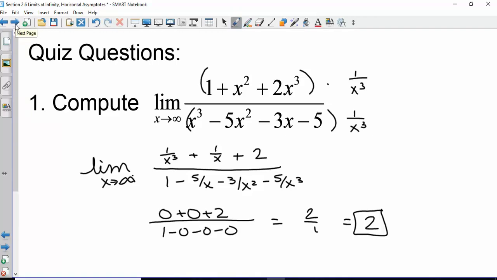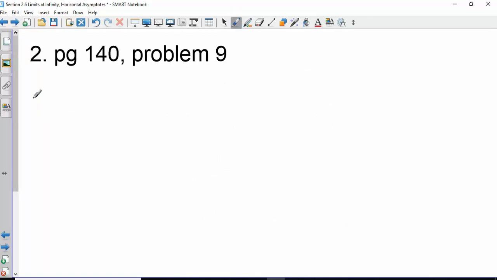Last one. There's a couple homework problems that ask you to draw a graph, so I wanted to try one of those together. So if you would open your book to page 140, I want to look at problem number 9.